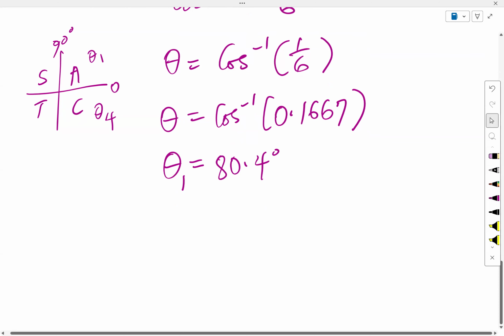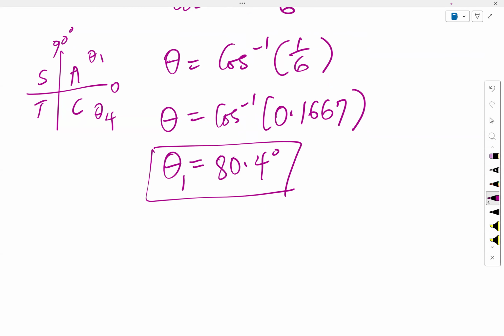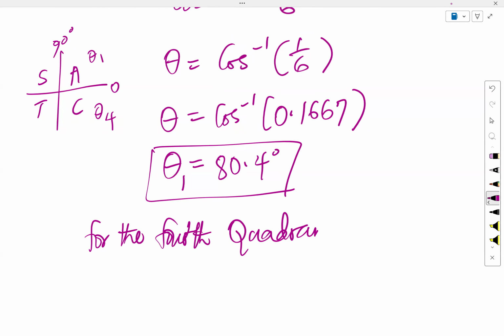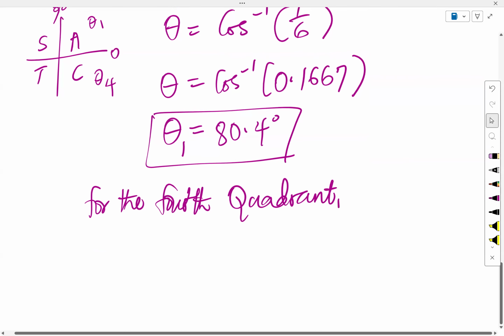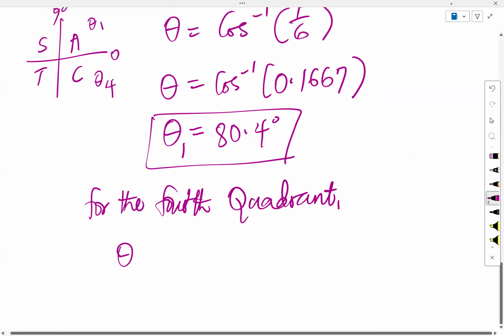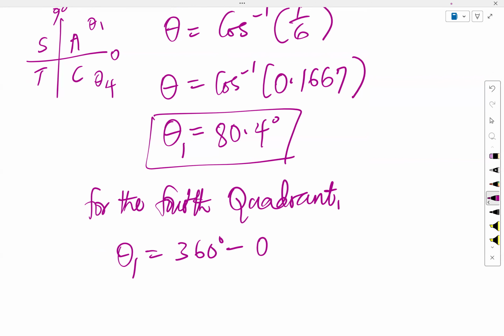Since we have theta 1, theta 4 is simply going to be, of course, we already know that for the fourth quadrant, theta 1 is equal to 360 degrees minus theta 4.